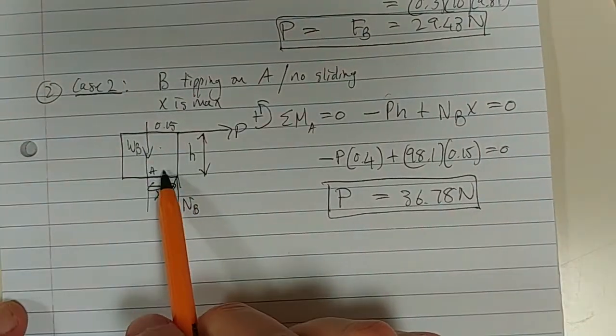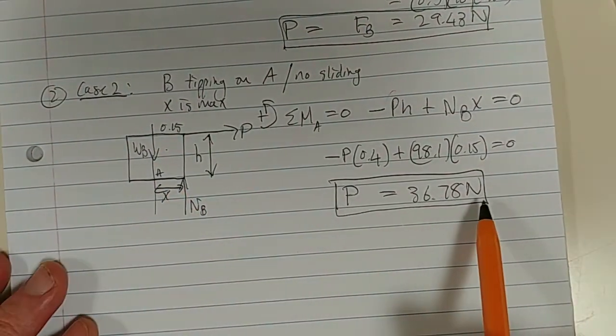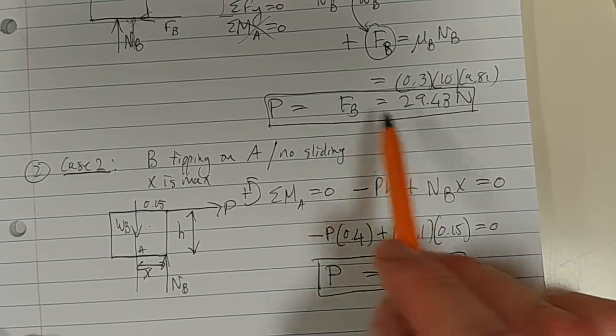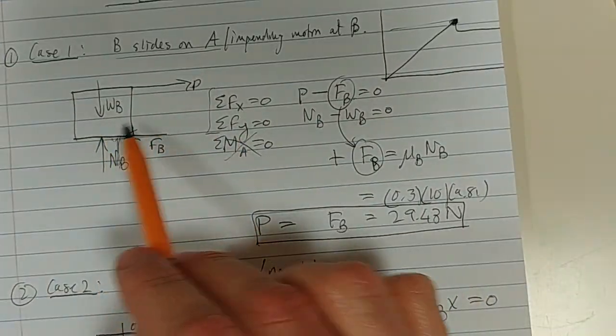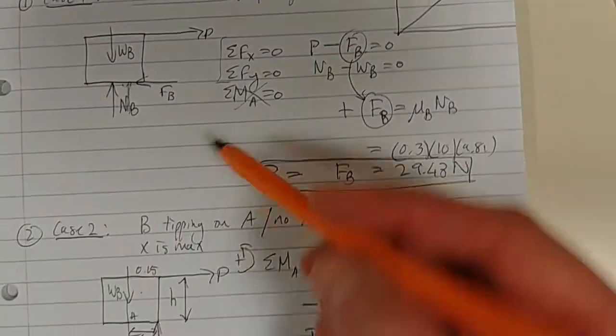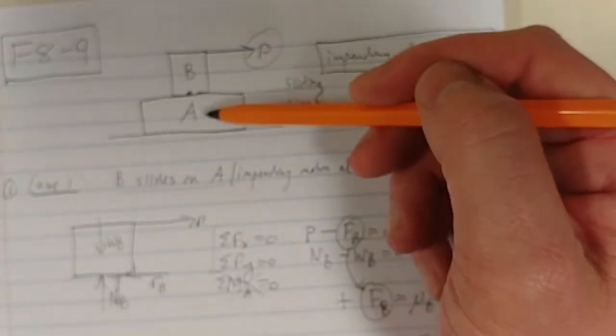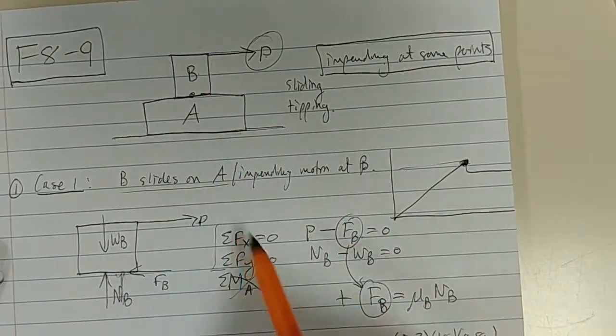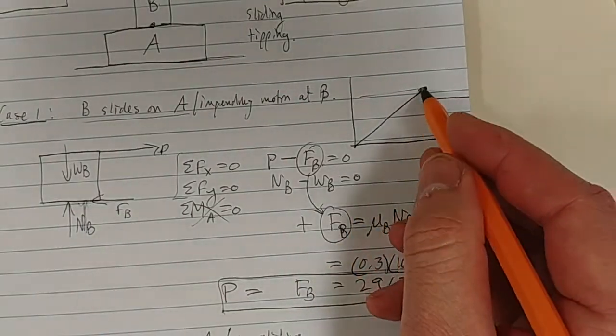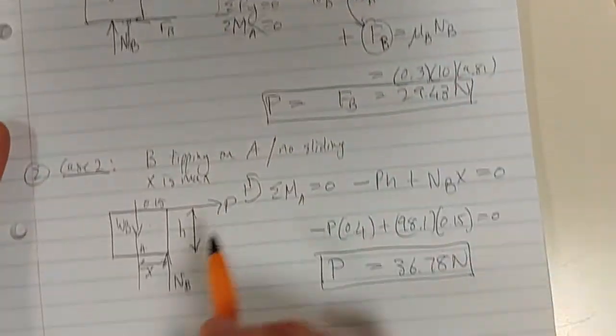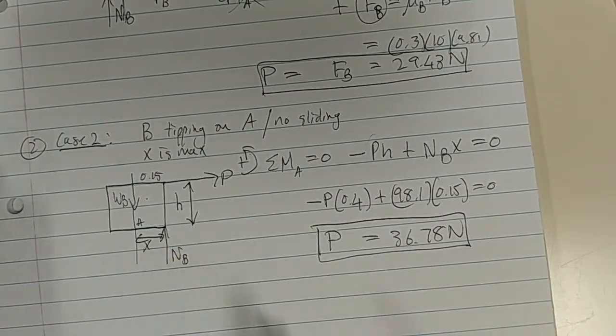So in order for us to have tipping, we need a force of 36,78, which is higher than the force to cause that to slide. Okay? So purely with regards to B on top of A, it will slip before it will tip, okay? Because it has reached that point there before the normal force has reached the corner.